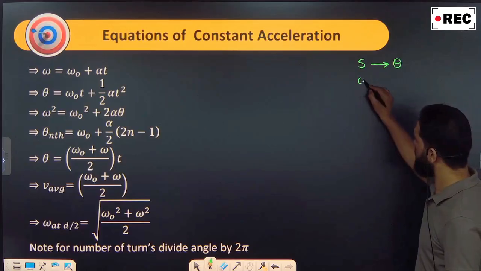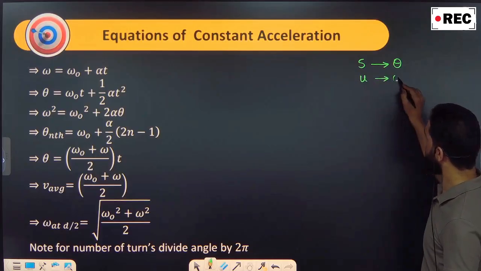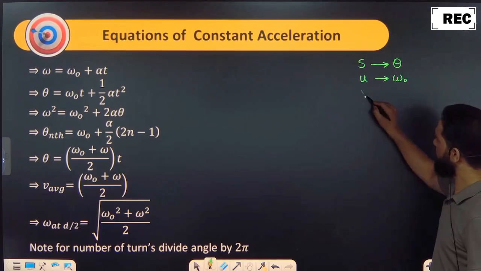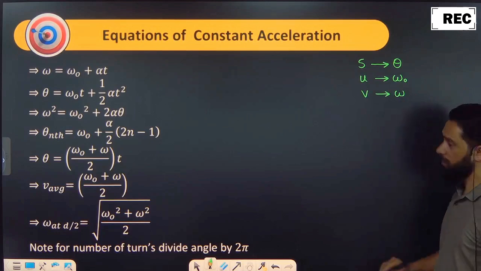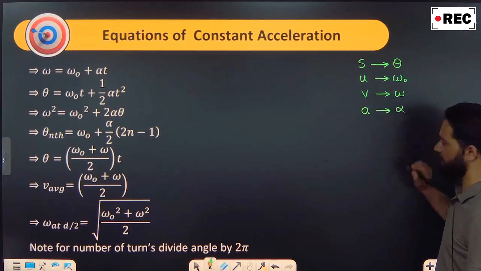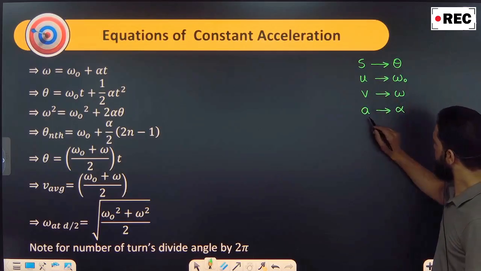Before it was initial velocity u, here it is initial omega naught. Final velocity v, we call it final omega. Before we called it acceleration, now we call it angular acceleration.